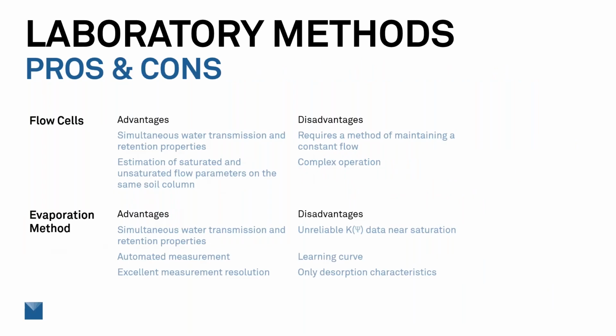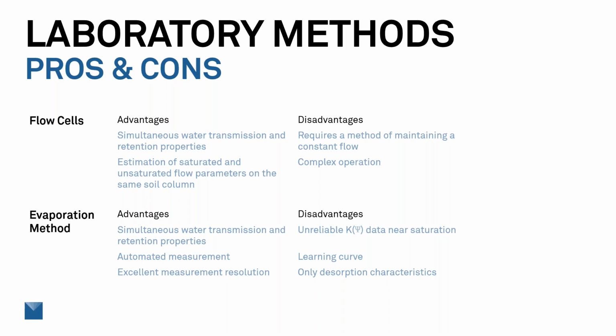So when thinking about laboratory methods, the main pros and cons for each of these approaches. So with flow cells, what's really nice, and this is actually an advantage for both approaches, the flow cells and the evaporation method, is we get simultaneous water transmission, so hydraulic conductivity measurements, and we get retention properties for the soil sample.